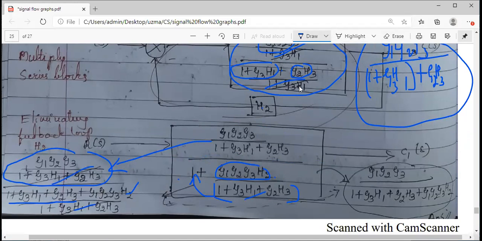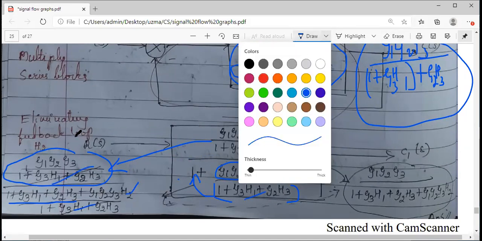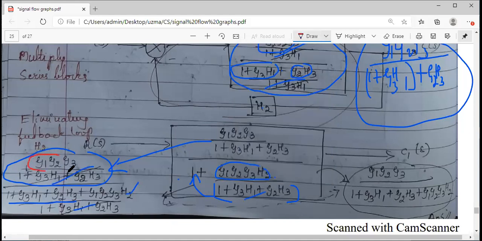What you will be left with? You will be left with two terms. One is G1, G2, G3 in the numerator. Denominator में 1 plus G3H1 plus G2H3 plus G1, G2, G3H2. This is your denominator. So this is your final transfer function.